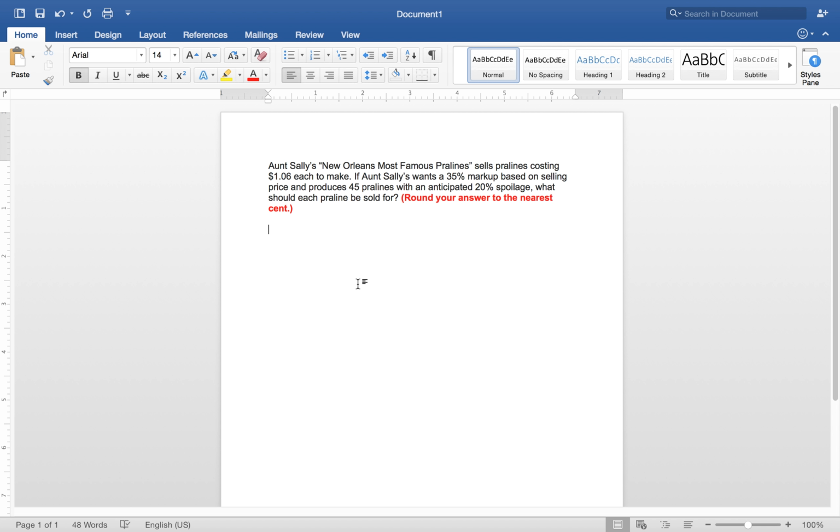In this one, we're going to say total cost equals 45, the number of units produced, times the per unit cost of 1.06. So our total cost equals 47.70. Everyone seemed pretty good on that part.